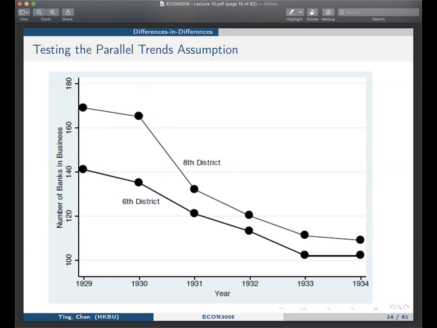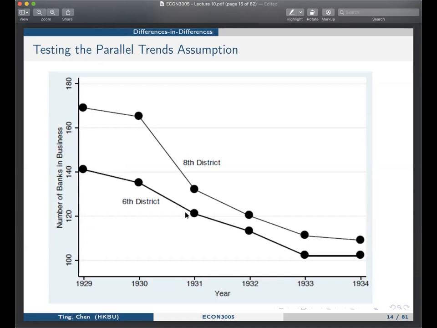The control group actually dropped more dramatically than the treatment group. That makes sense, right? Because the 6th district got the policies from the Federal Reserve of Atlanta. They got money, so they were bailed out a little bit.